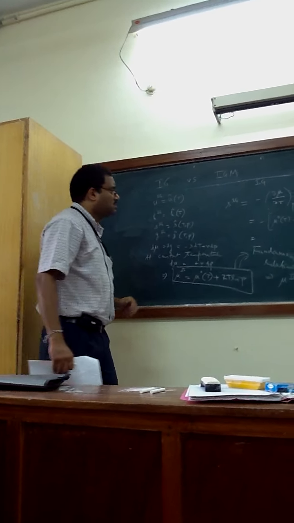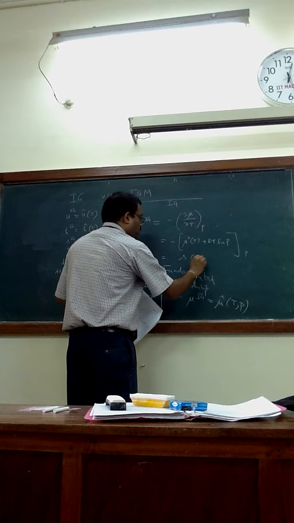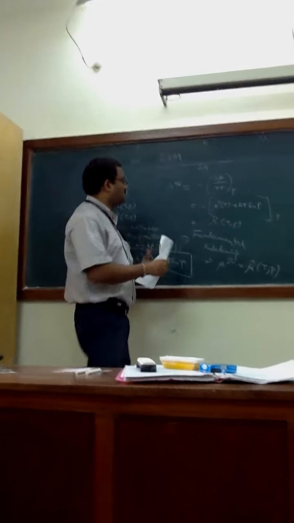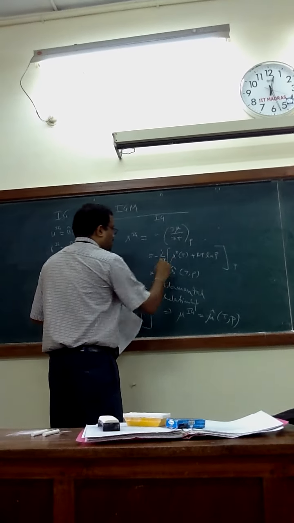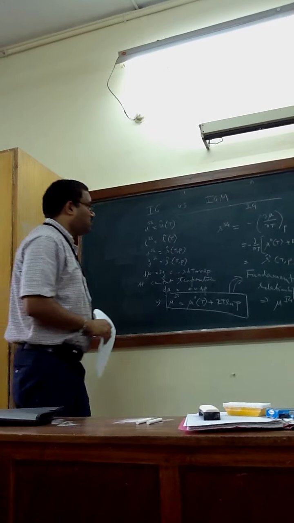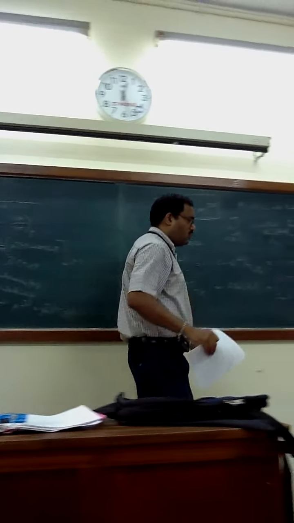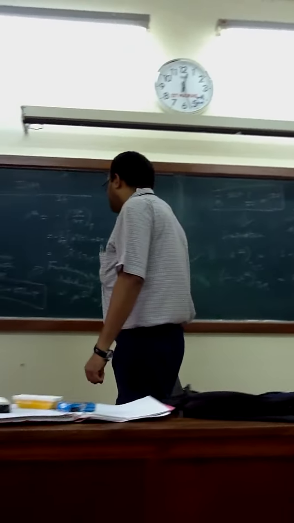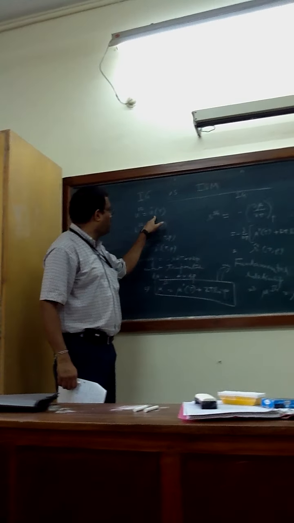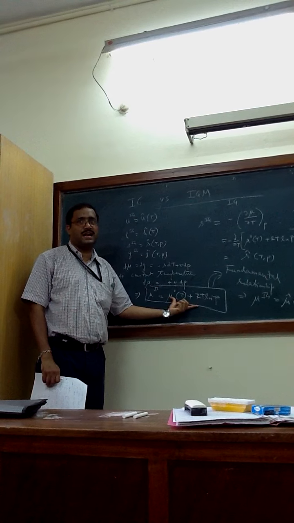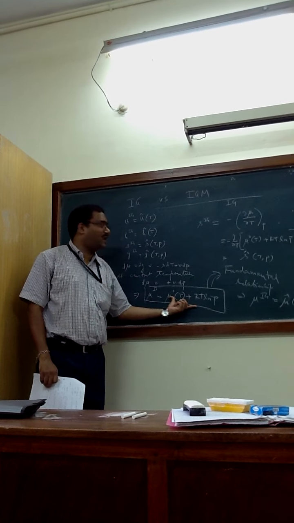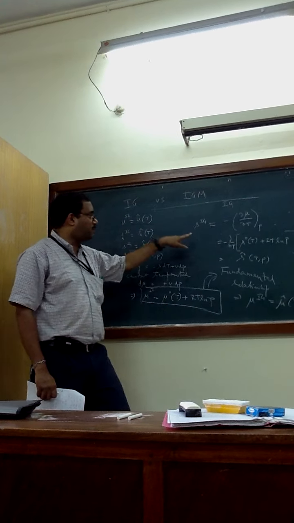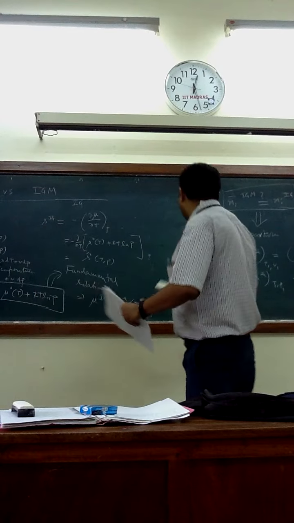The function of T and P both, right? Because μ0 prime will be there. ∂/∂T of μ0(T) plus RT ln P, so you can see that two terms will be coming. The first term has μ0 prime, and the second is a function of temperature and pressure. From this, you should be able to get U as a function of T. So that's the fundamental relationship. What I am trying to say is that this is my basic relationship. From there, you should be able to establish all this. Can you prove U is a function of T from this fundamental relationship?